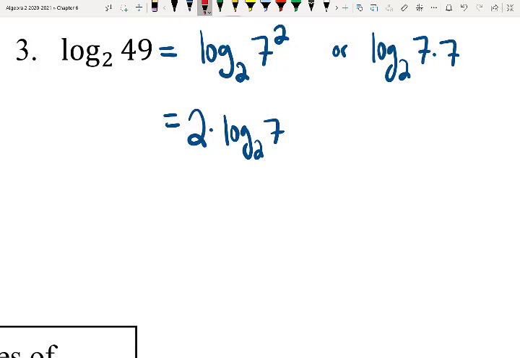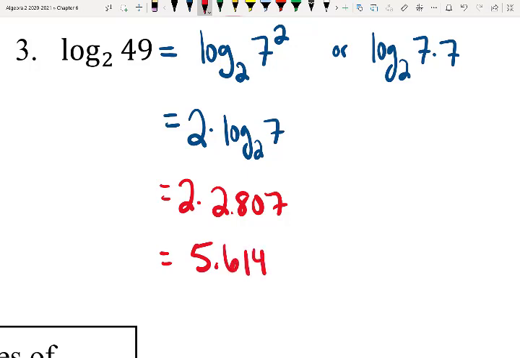And from here, my 2 stays, but I know what the approximate value of log base 2 of 7 is. They tell me that the approximate value is 2.807. So 2 times 2.807 gives me 5.614. And that is the approximate value of log base 2 of 49.